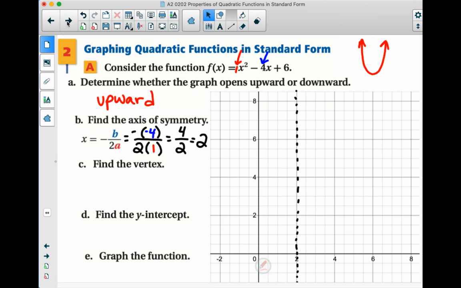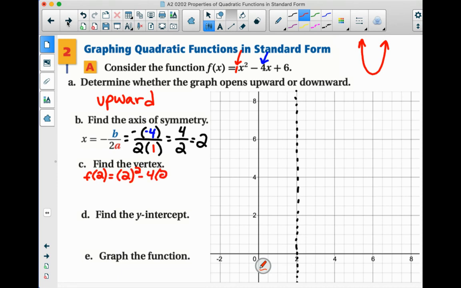And that's also what we are immediately going to substitute in for x in the original equation. So finding the vertex, we're going to say f of 2, meaning we are substituting in 2 for all the x values, equals x squared minus 4x plus 6. 2 squared is 4. 4 times 2 is 8. 4 minus 8 is negative 4.